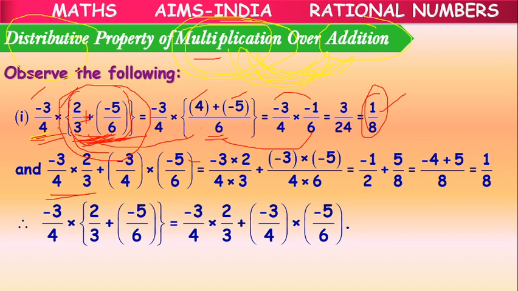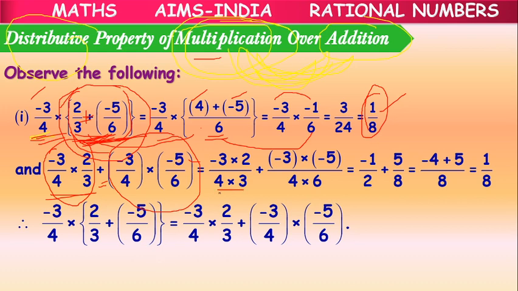Means this into applicable to both the rational numbers. Means minus 3 by 4 multiplies first rational number. After that we have to take addition symbol. Minus 3 by 4 multiplies second rational number. When we expand the given expression, the first rational number multiplies second rational number plus it multiplies third rational number.